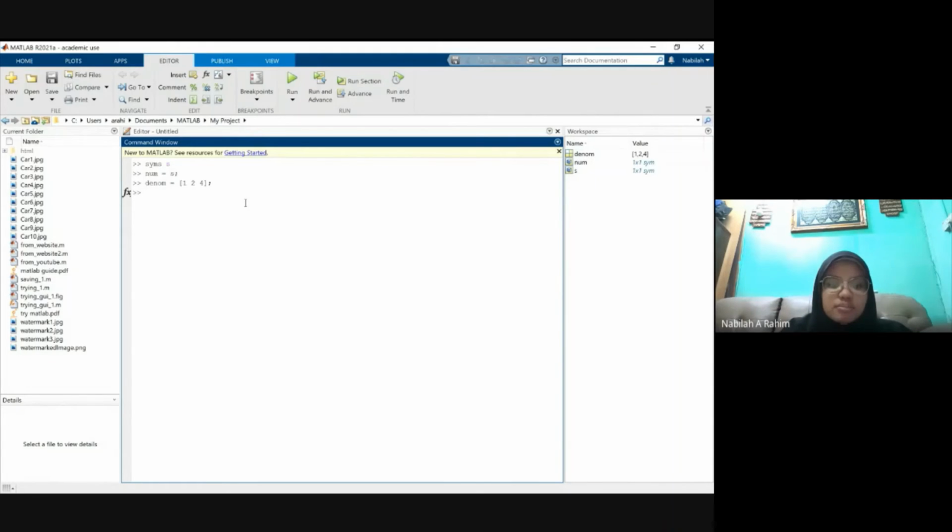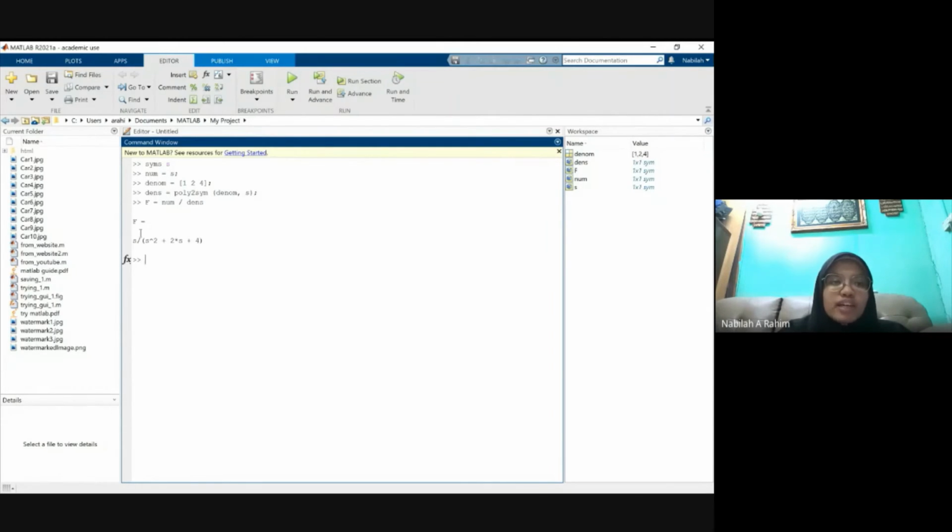And then I can simply change the polynomial of the denominator into s by using poly2sym of denom, s, and then the function will become numerator over denominator.